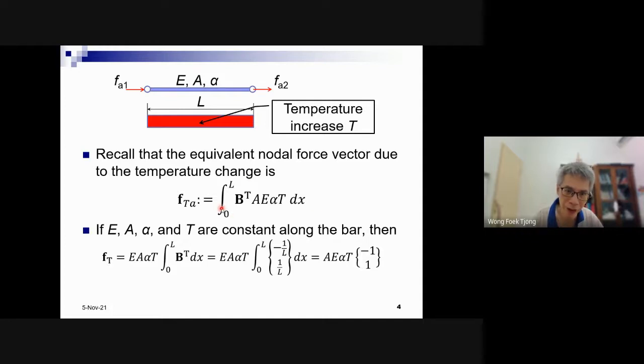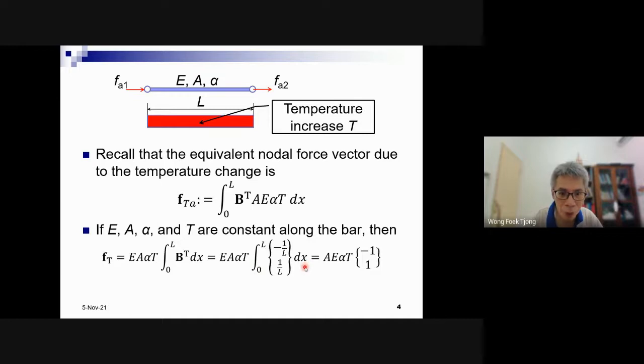So these are the details of how we can obtain the previous one. The equivalent nodal force: because all of these are constants, we can take them out of the integral. And what is B? B is just this one, right? B transpose is the vector minus 1 over L, 1 over L. This is also constant, we can take it out, and then we integrate from 0 to L, dx.